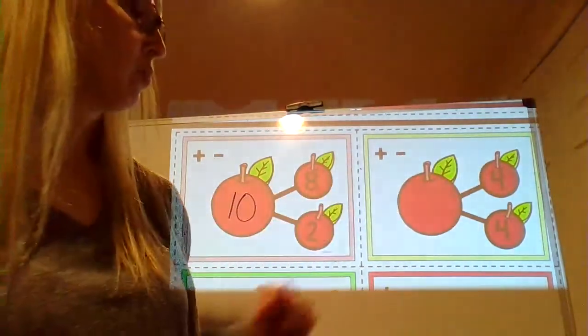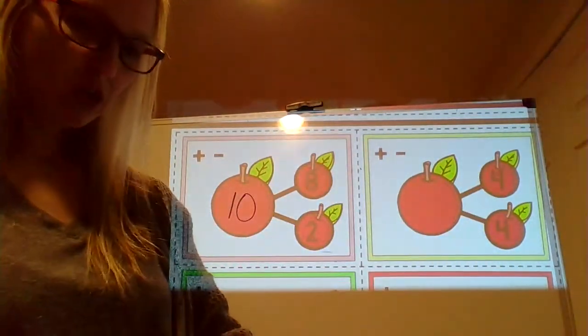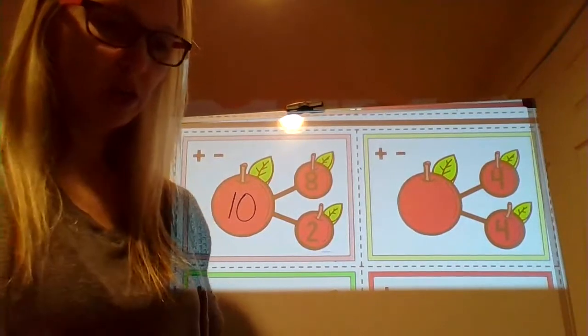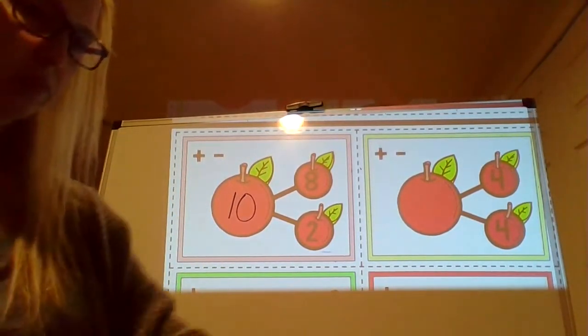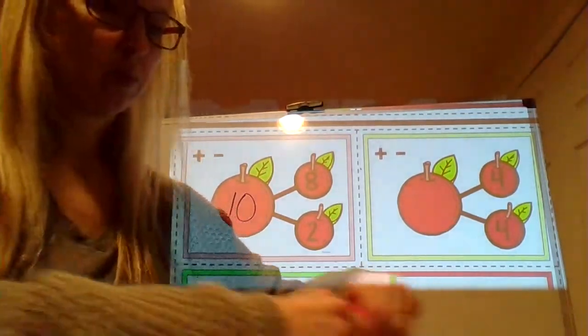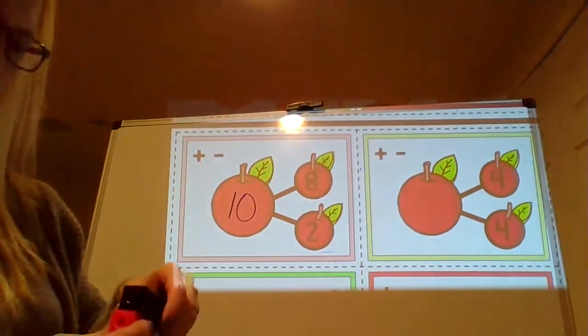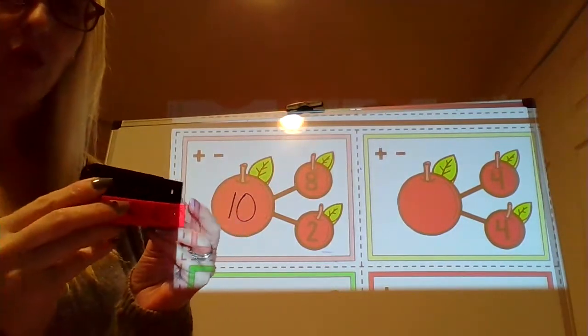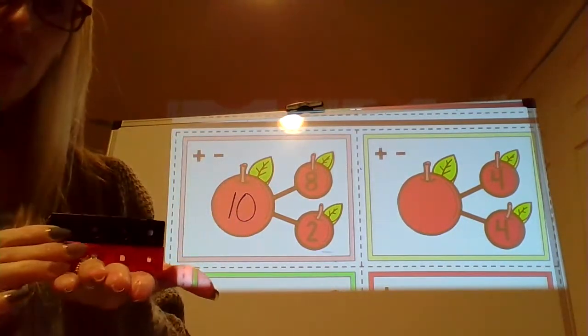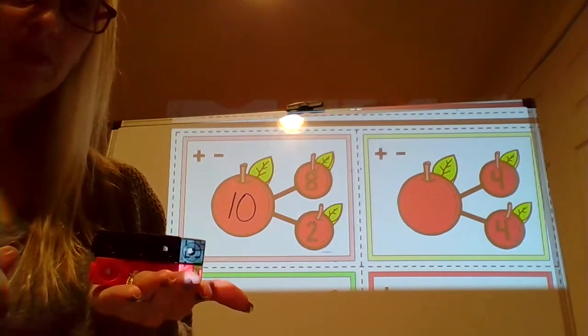Okay, let's do this one. We need 2 piles of 4. 4 of one item and 4 of another item. Okay. Got 4 black and 4 red. What's the bigger number?